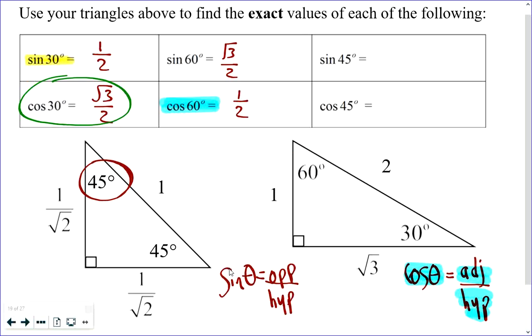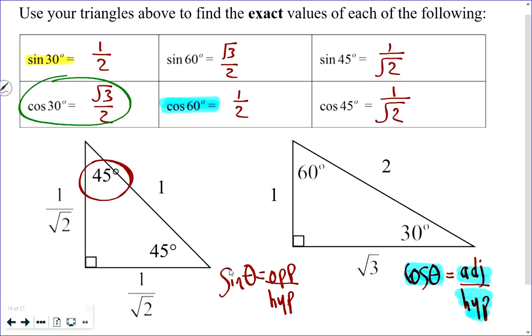Sine is opposite over hypotenuse, although do you see that it really doesn't matter whether we look at opposite or adjacent? In other words, we're going to get opposite, which is 1 over root 2, over 1. Well, when you divide by 1, you're just left with the same thing. And when you do it for cosine, you're going to get 1 over root 2.